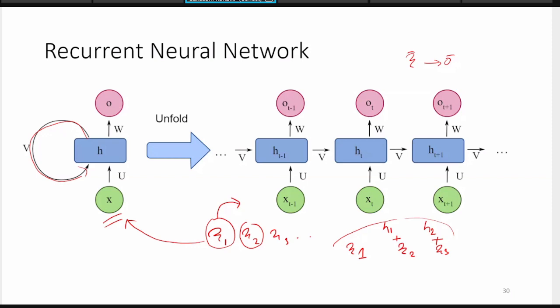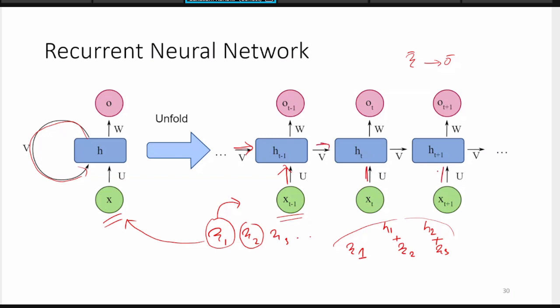So this is the temporal manner, and this is what this diagram is showing. At a particular instance t minus 1, your inputs are x(t-1) and the output from the previous node. These two will be taken as the input. Similarly, at the time instance t, this is the input plus this is the input.